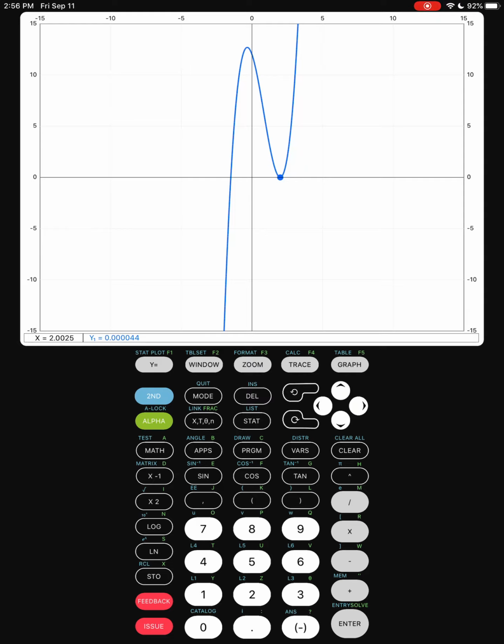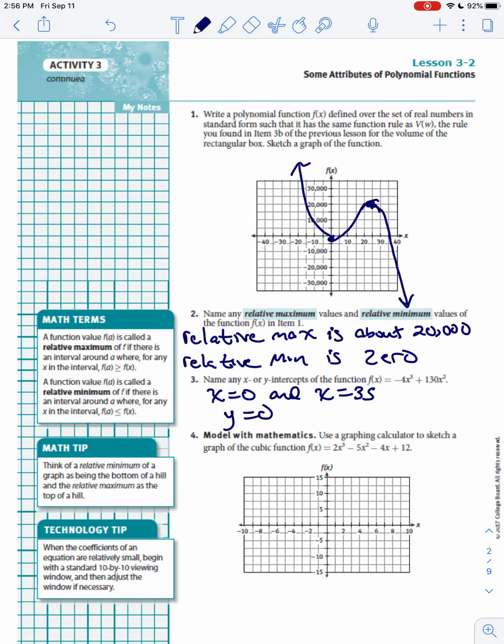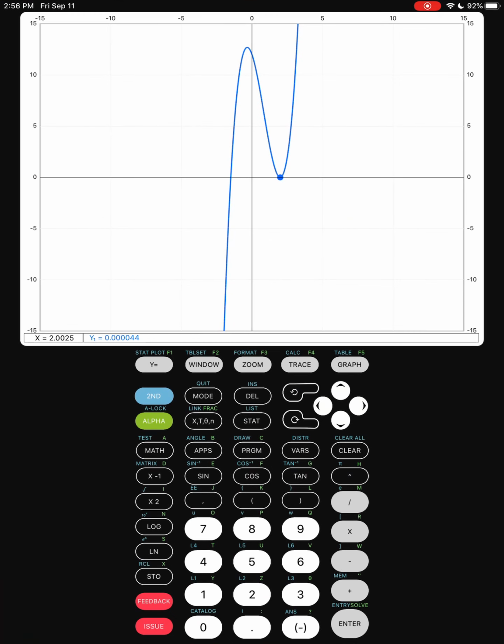When I put my graph in here, this helps me do my graph. So about negative 1.5 is an x-intercept, and I also saw one at about 2. Now a y-intercept would be good to know as well, so I'm going to go back and look at my y-intercept, and that's right about here.